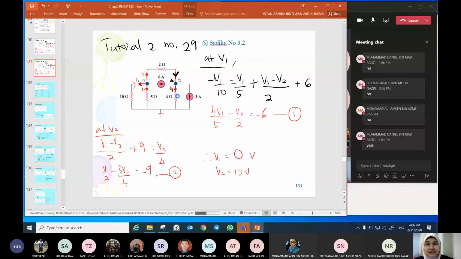Who's speaking just now? Nasrin. Okay. So you can change the direction of current, but your KCL equation will be different. And then your subsequent calculation will be the same.